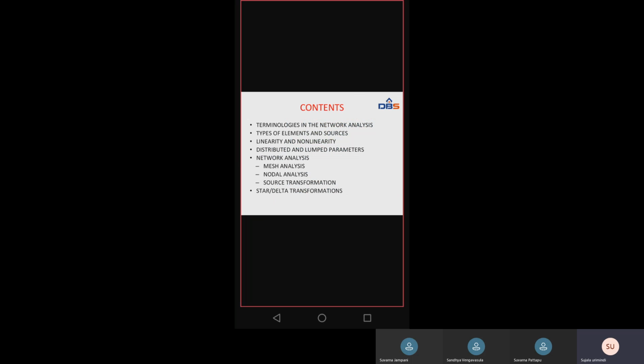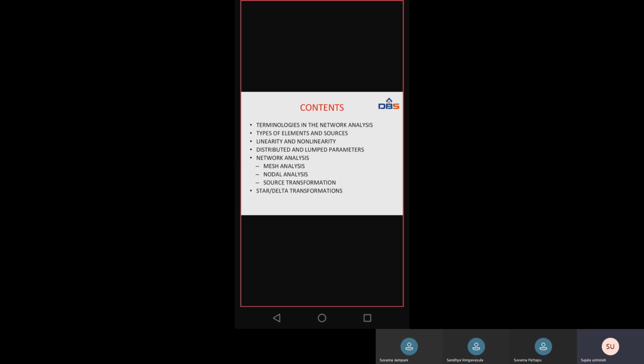These are the contents in the first unit: the terminologies in network analysis, the different types of elements and sources, what is linear and non-linear element, what is distributed and lumped parameters, and the different network analysis, that is, how you find mesh analysis, nodal analysis, and source transformation method. And next we go to star delta transformation. So these are some of the total contents in your first unit.